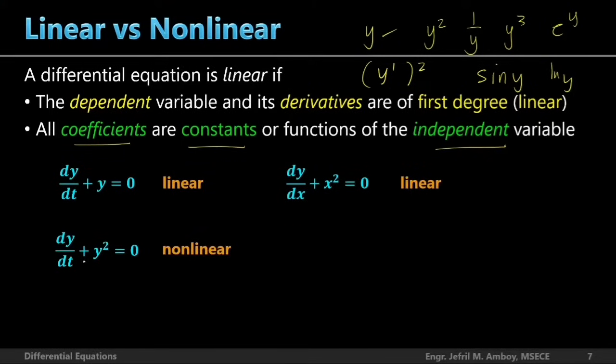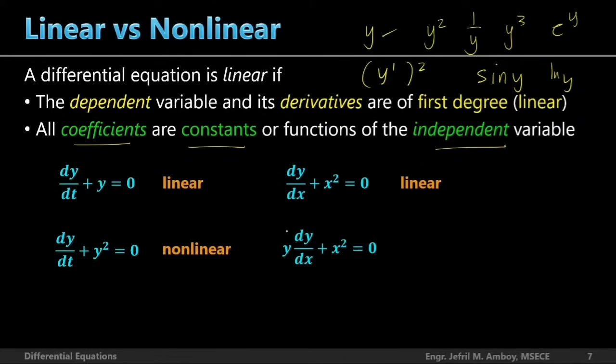Dito ang naka-square ay dependent variable. Dito ang naka-square ay independent variable. Magkaiba sila. Kung independent variable yan, kahit pa yan ay naka-cube o naka-square or naka-raise to 5 or whatever exponent, wala tayong pakialam kasi independent yon. Kaya ito linear pa din. Pero ito, ang naka-square ay dependent variable. And that is the reason why it became non-linear.